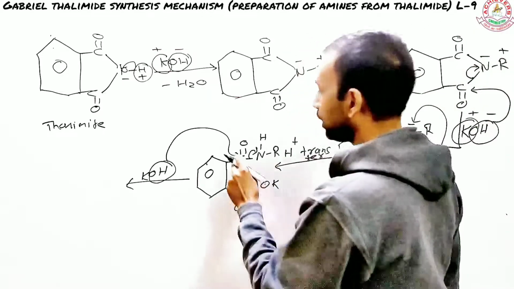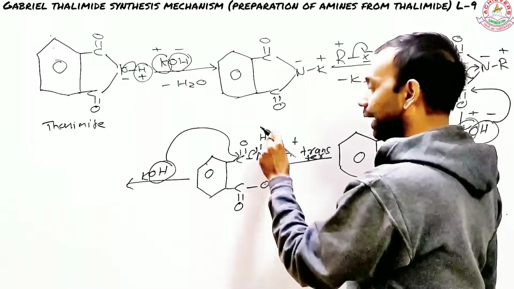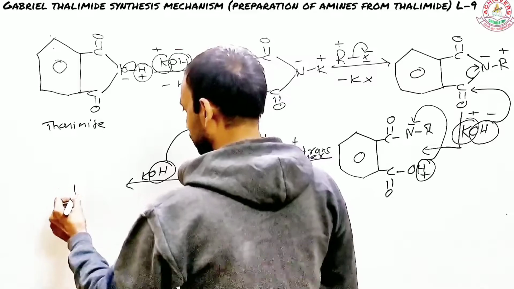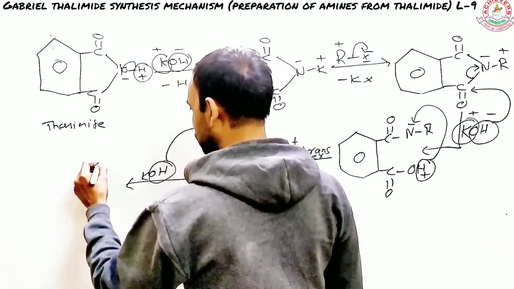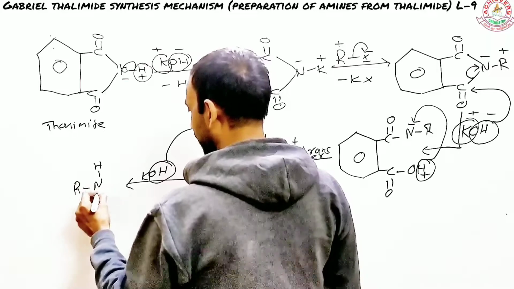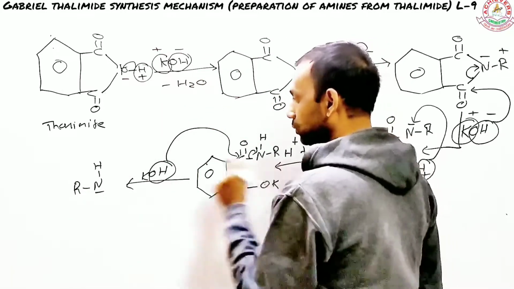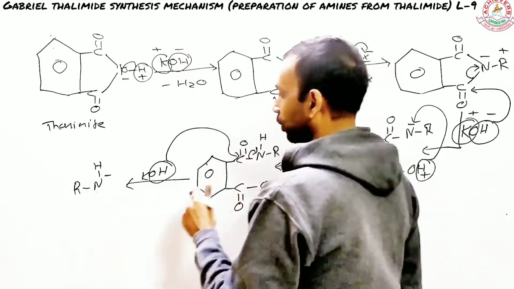So what's going to happen? You will have OH right here, and this NHR will be coming out. So this is what is coming out: R, N, you have your H, right, with the negative charge. Now what you need to do, I'm placing this negative right here. Now this is what you have remaining.